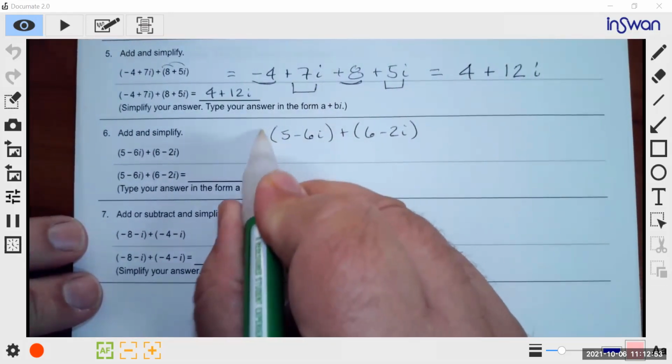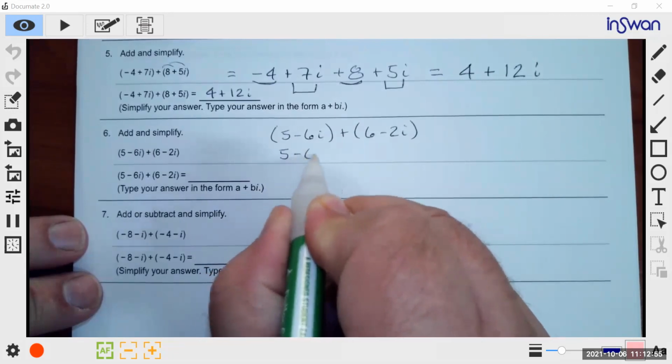There's nothing in front of the first one, so we distribute a 1, so it's 5 minus 6i.